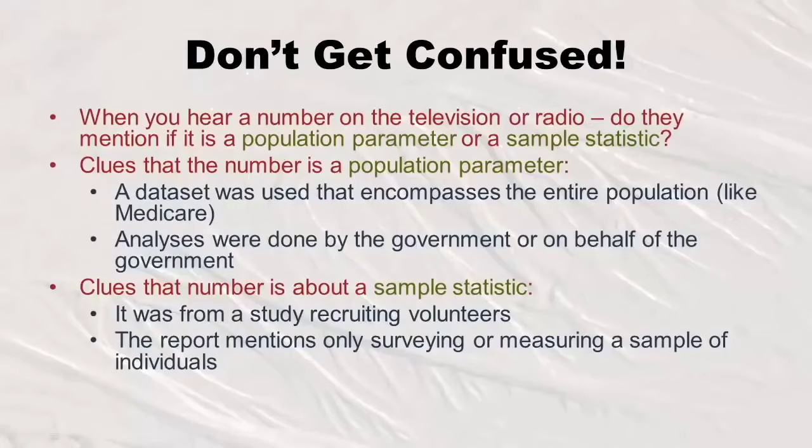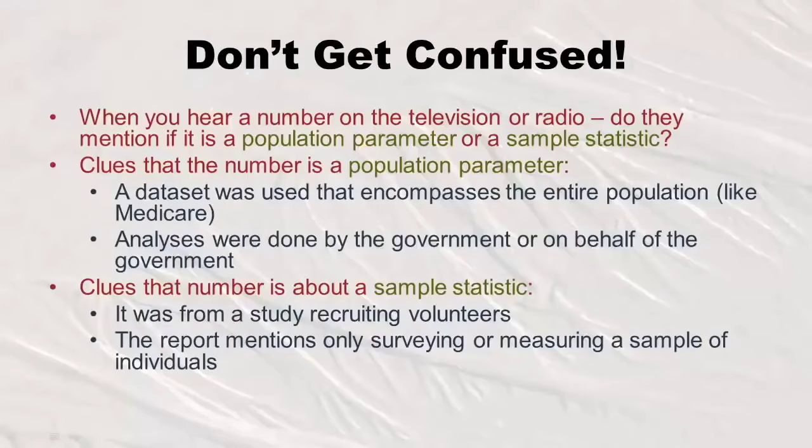Clues that someone's talking about a sample statistic is if you hear them talking about a study that recruited volunteers. Well, if it's volunteers, they didn't get everybody in the population, so it's going to be a sample. Also, surveys, for instance, public opinion surveys about who people are going to vote for.